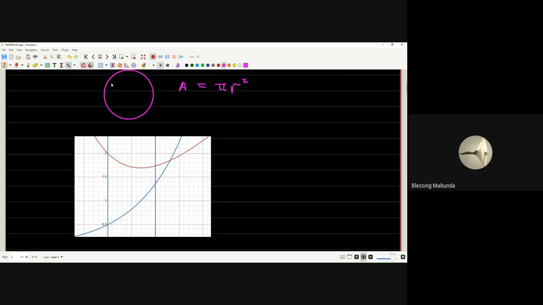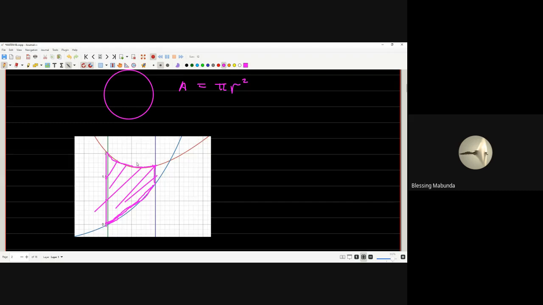So instead of having a circle that we want to find the area of, this is a region that we can carve out right there. That's the region that's bounded. That's what we want to find the area of, inside here.